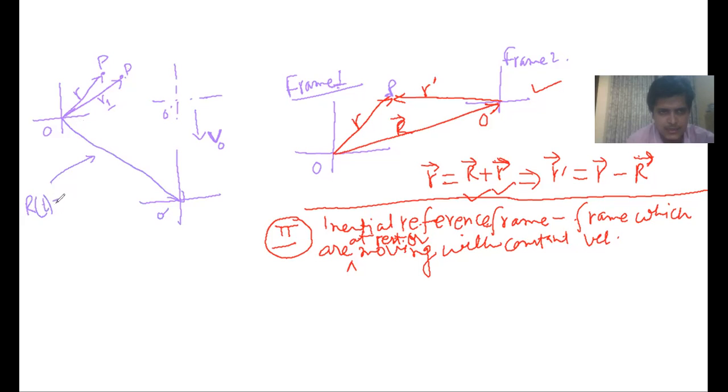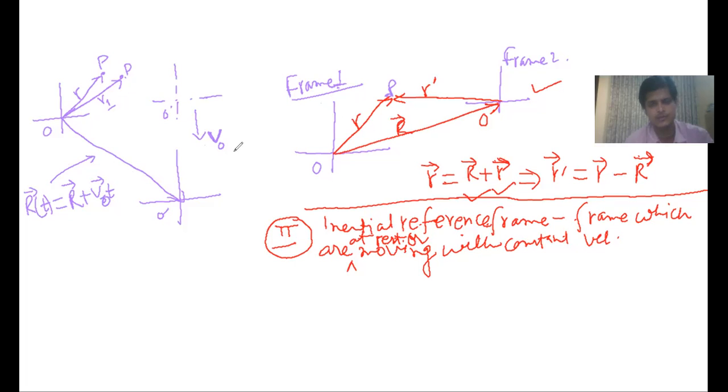R at time T is nothing but, earlier it was R plus V naught into T. It is the velocity of this train with respect to this train.